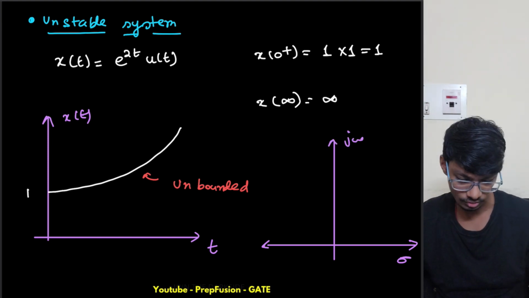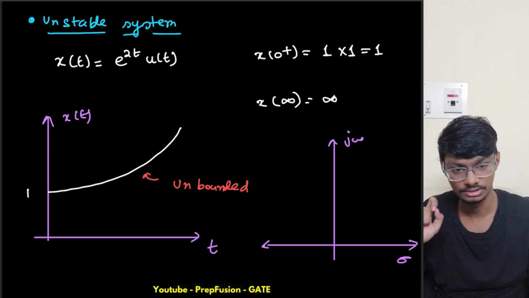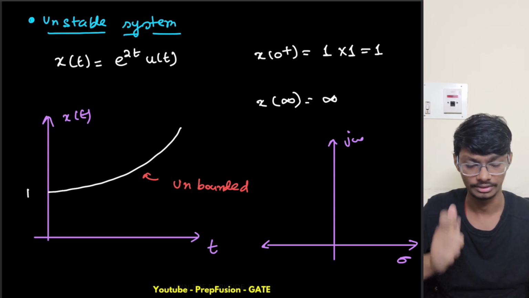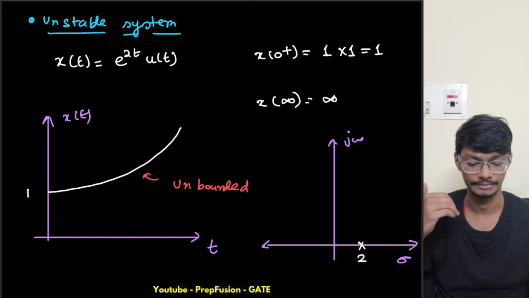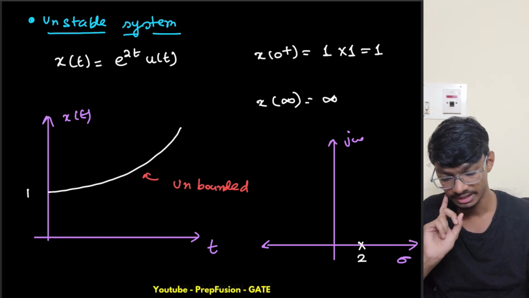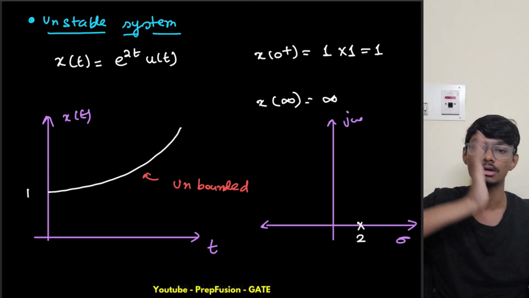Now, on the j omega axis, where are the poles and zeros? There isn't any zero, but there is a pole at s equals plus 2. If you do the inverse Laplace transform, you will understand. So what we see is that the pole is lying in the right half plane of the j omega axis.